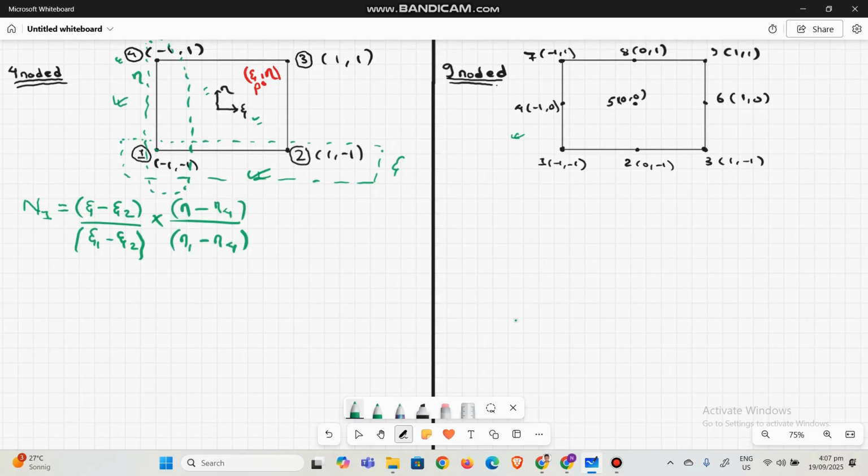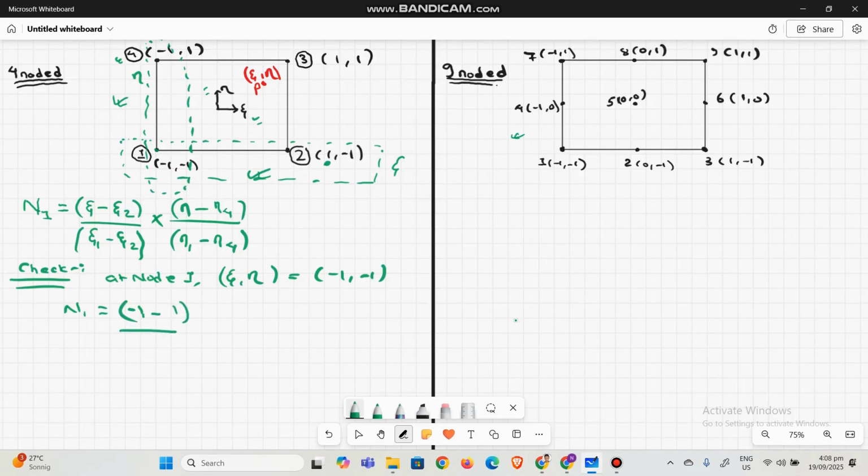That's it. For example, let's check it. At node 1, what is xi comma eta? It is minus 1 comma minus 1. Let's put that value here. So xi is minus 1, and what is xi2? Xi2 is this, it is 1.